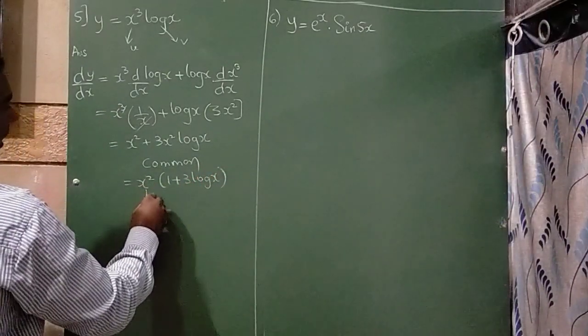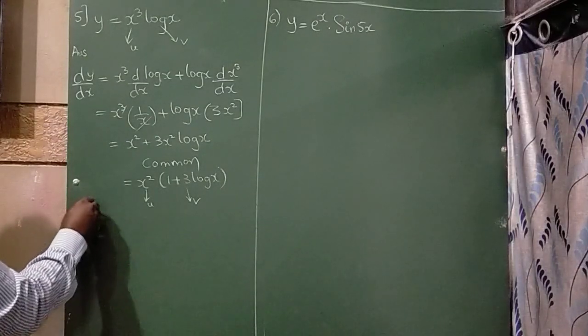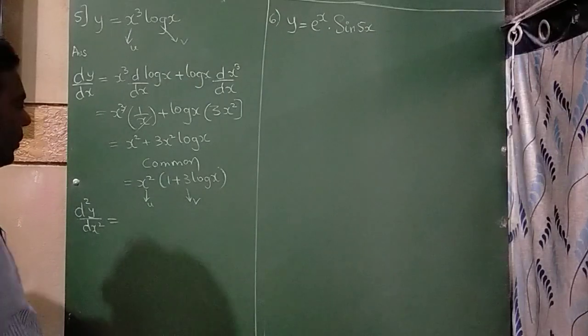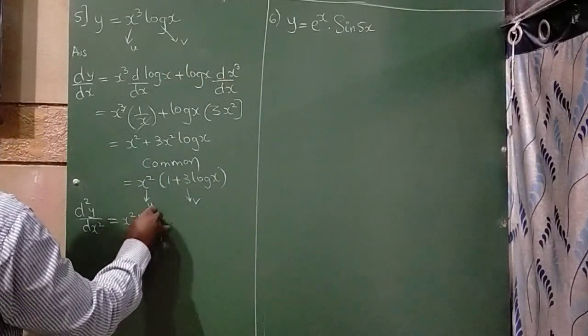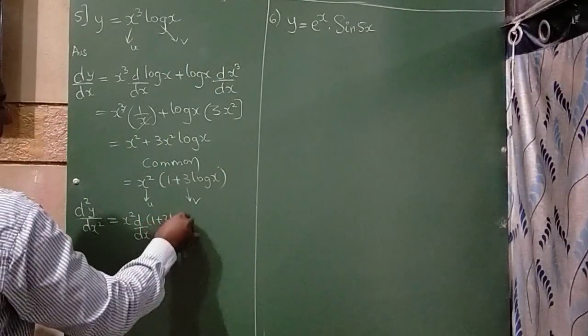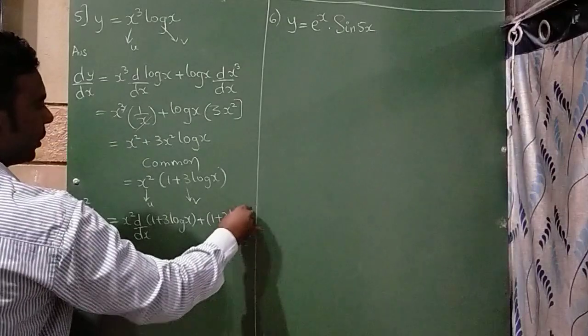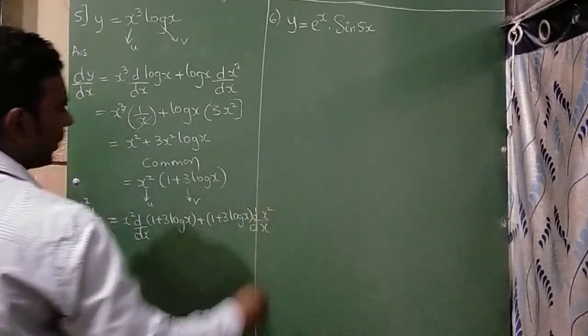So you will get x square (1 plus 3 log x). Now this will become u and this will become v, because we need to find d square y upon dx square for second order derivative. So I'll write x square d by dx of (1 plus 3 log x) plus (1 plus 3 log x) and d by dx of x square.